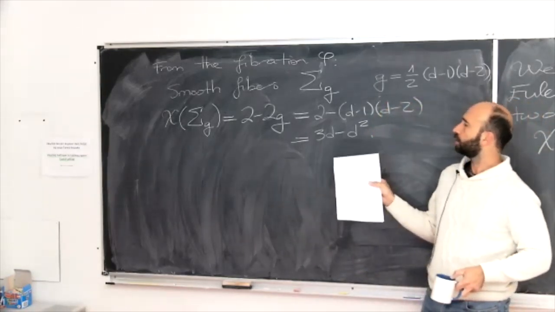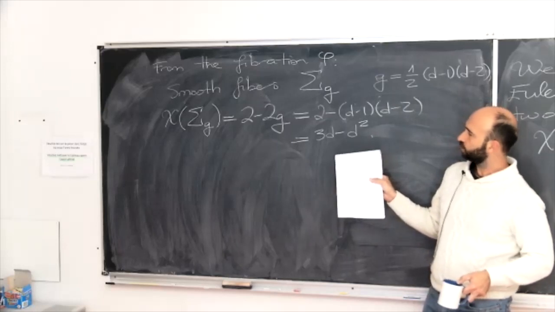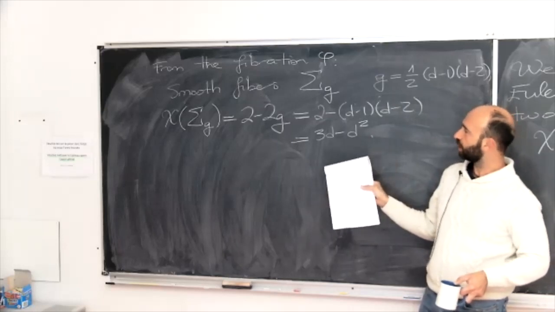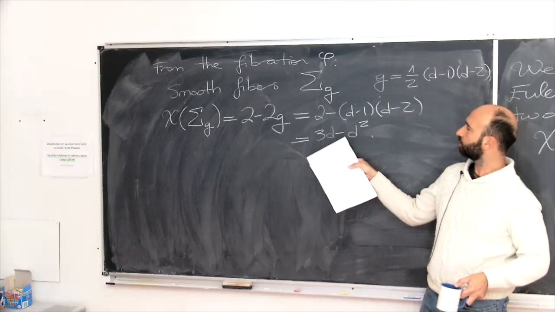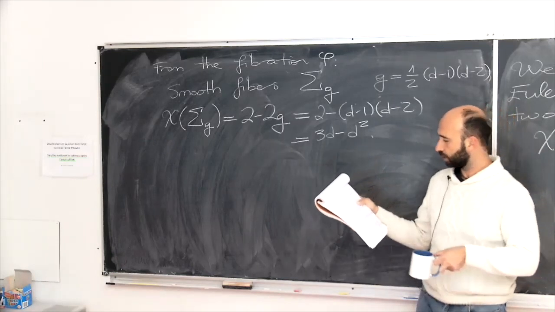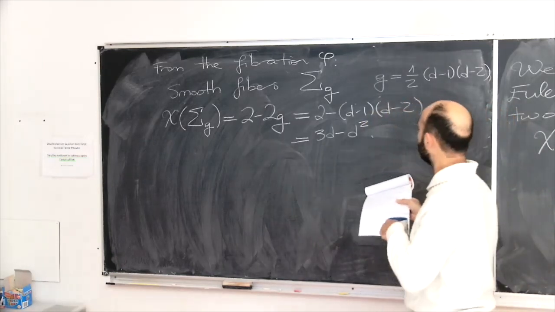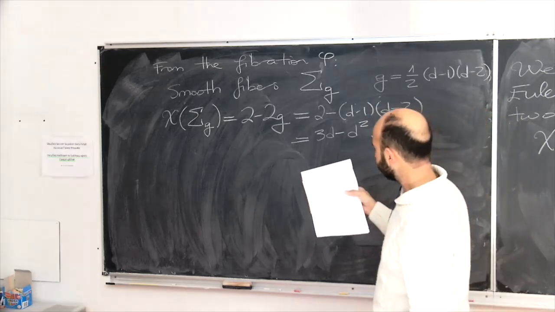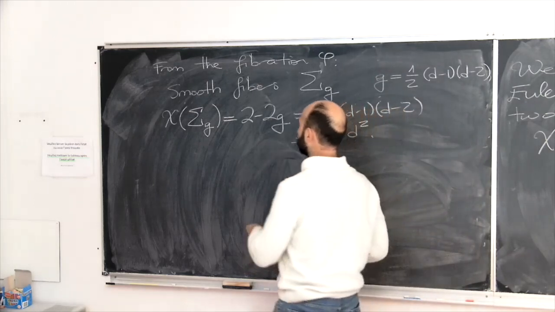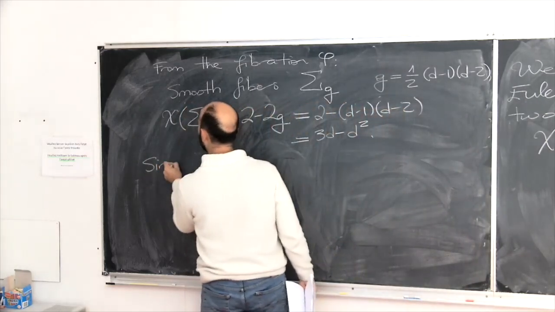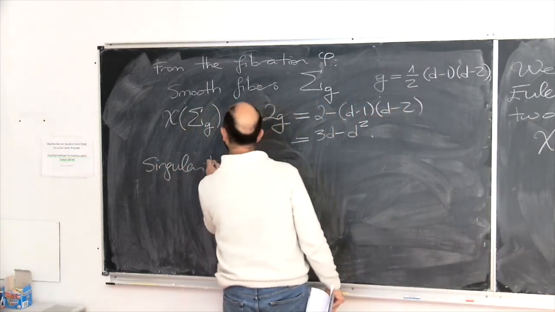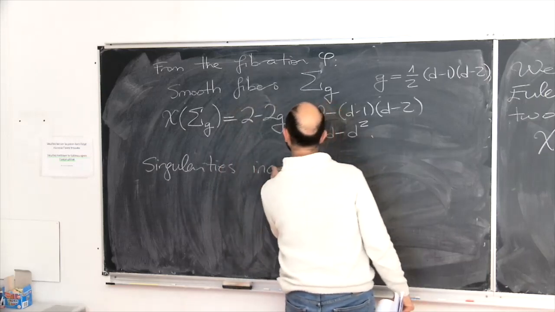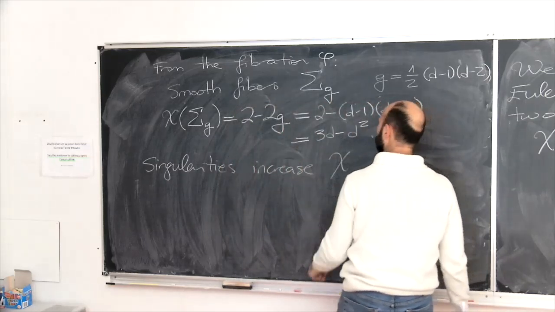But one important observation is each singularity will cause an increase in this Euler characteristic. A simple example is a node. So the observation: singularities increase Euler characteristic.